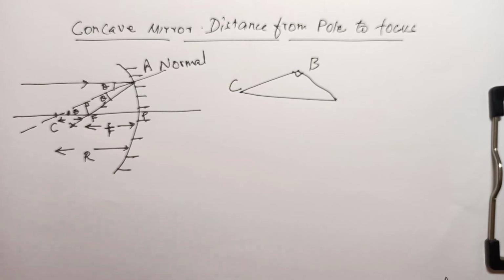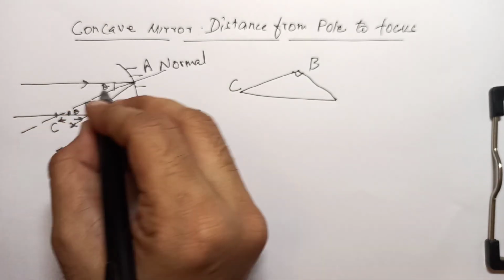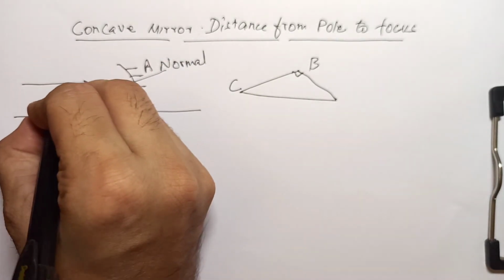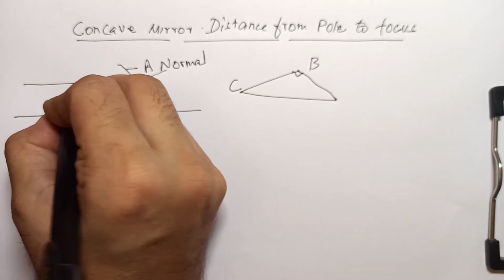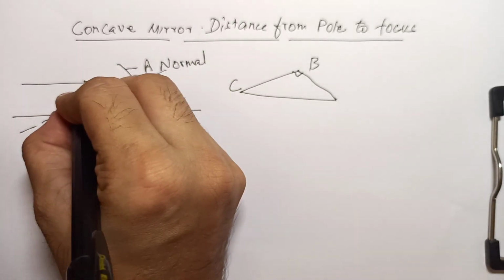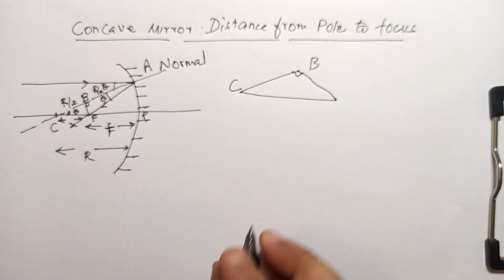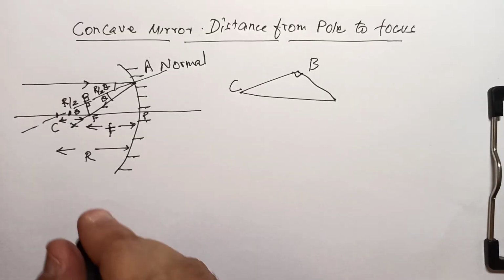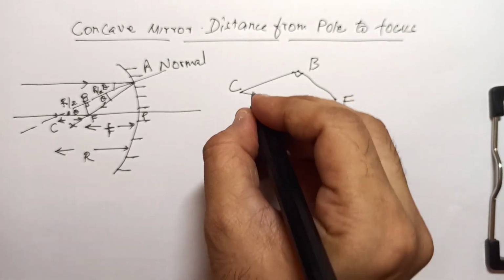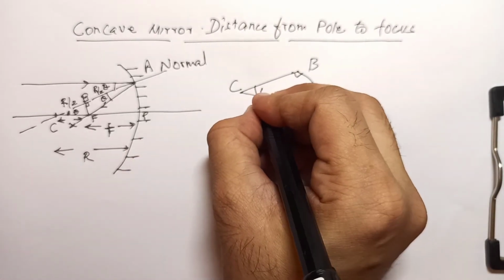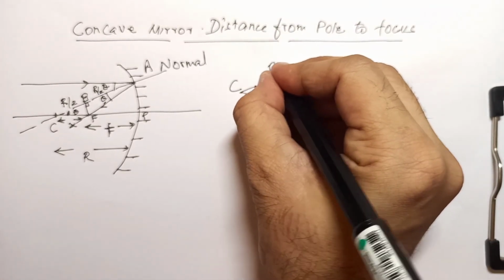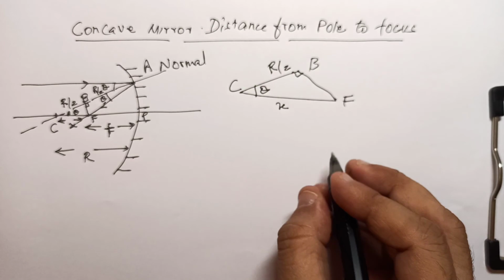Now by symmetry, this is r by 2 and this is also r by 2, and let's say this point is B. This angle is theta, this is x, and this is r by 2.